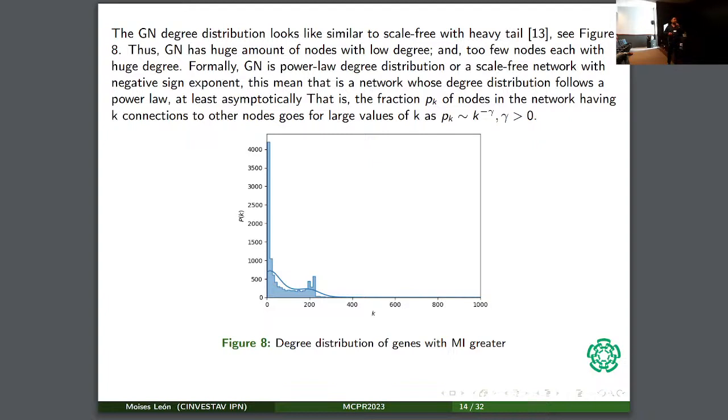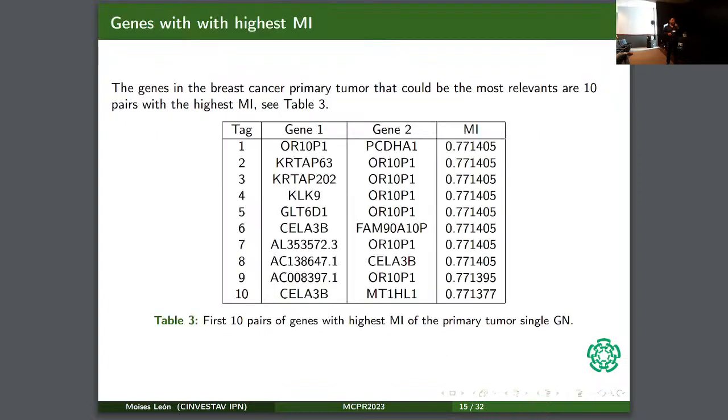Also, we analyze the distribution of the genetic network, and we look at this power law distribution. This also can give us information, because when we prune, we get some genes that have no high interaction, so they do not affect the topology of the genetic network. Well, in this table we can see which are the genes with more mutual information.